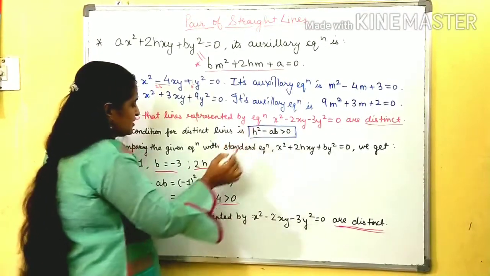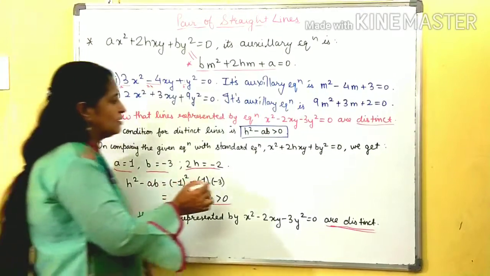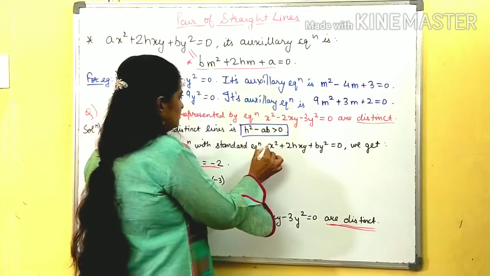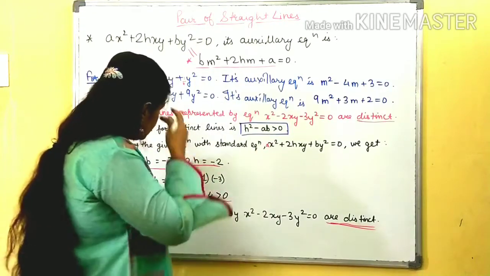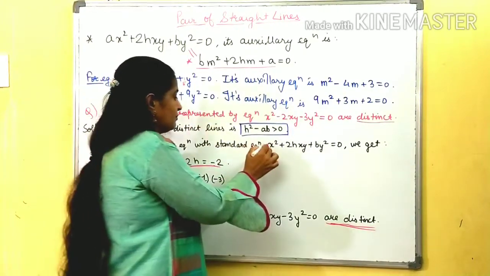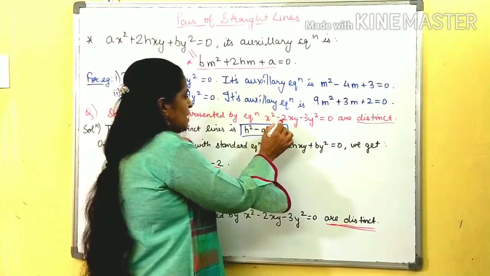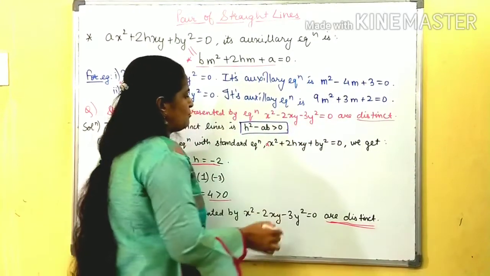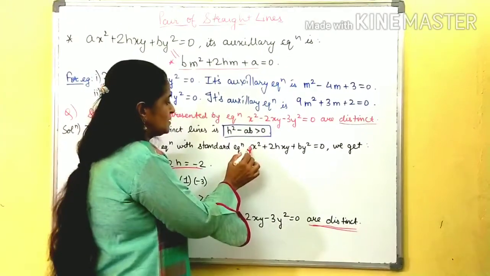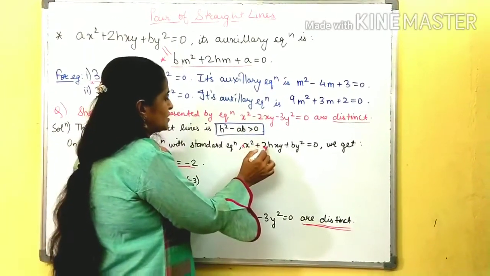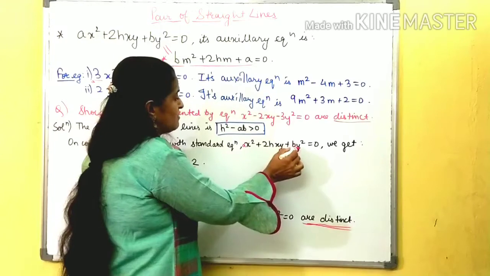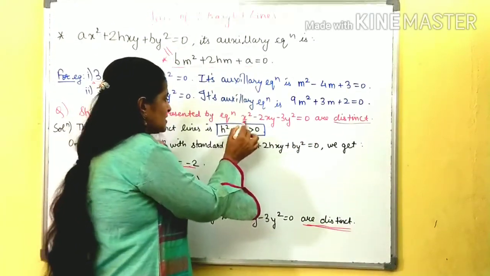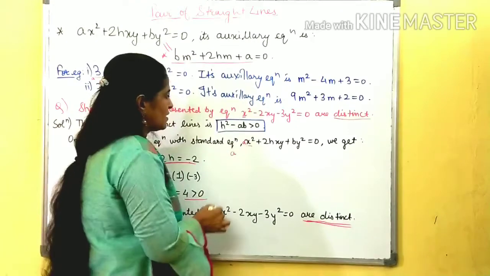Compare the standard equation with the given equation. x square minus twice xy minus 3y square is equal to 0 is compared with the standard equation, which is ax square plus twice hxy plus by square is equal to 0. What is the coefficient of x square? Which is a.